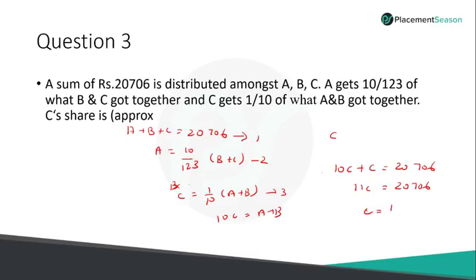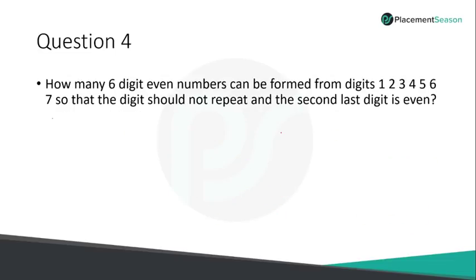C value is 1,882 approximately. They're asking for the approximate value. So this is an easy problem, you can just use the substitution method. Observe the data, whatever data is given. Equation number 2 may not be required, but if you use equation number 3, you can get the answer very easily. Okay. Next one, problem number 4.